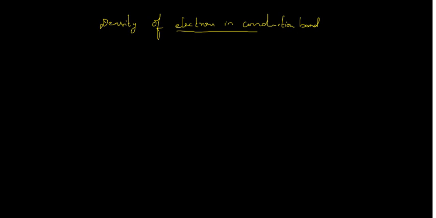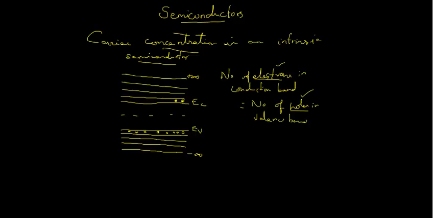In order to find the electrons, n is equal to, from the energy level diagram, here you can see this is minus infinity, EV, and the electrons are present above the conduction band energy, so EC to infinity.